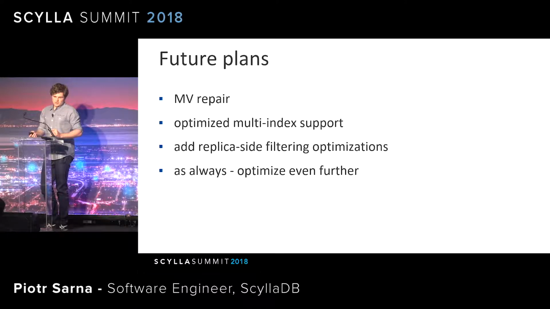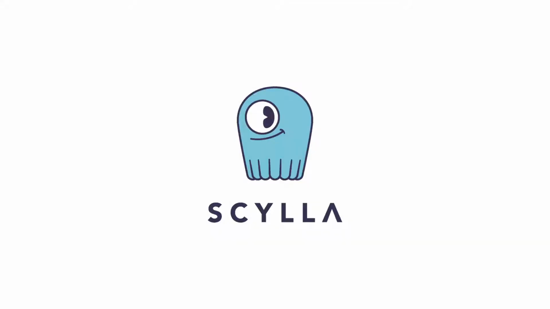And secondly, the coordinator is already busy with other stuff, so it would be great if replicas would do some pre-filtering for it. And as always, there are endless optimizations that we would like to apply that would also never fit into that slide. So yeah, we'll definitely keep working on it.